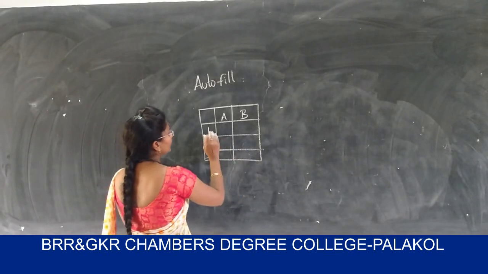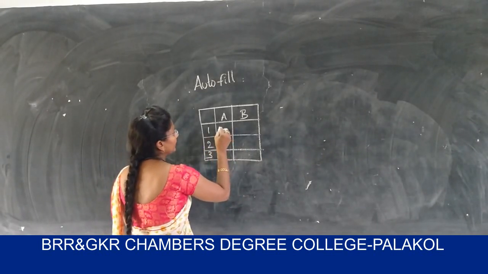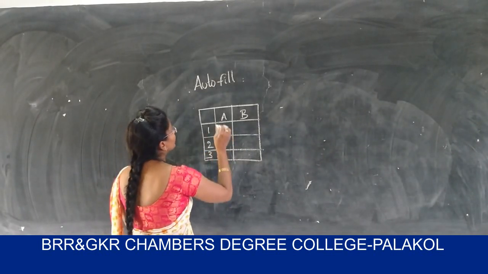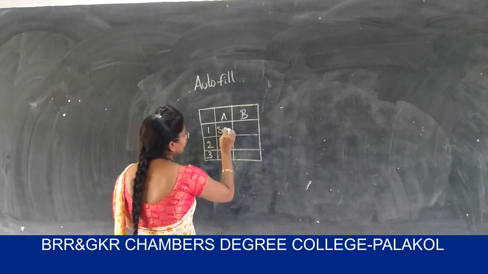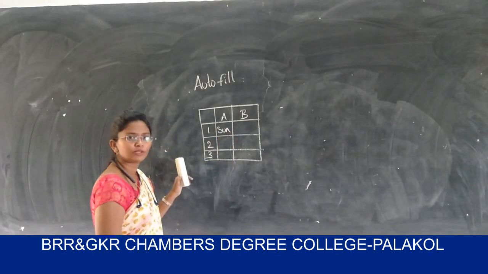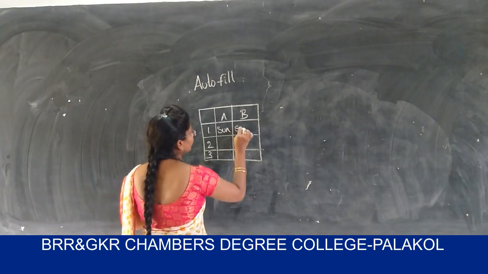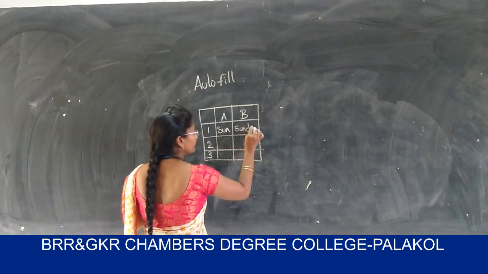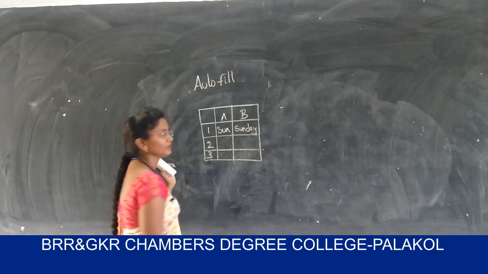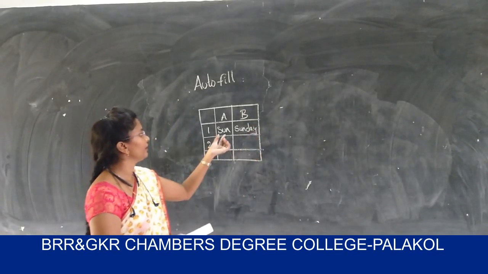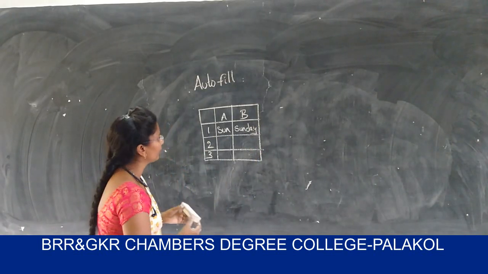After that, here I am taking the data as SUN, or here I am taking the data as Sunday. This is the shortcut way and this is the normal way.